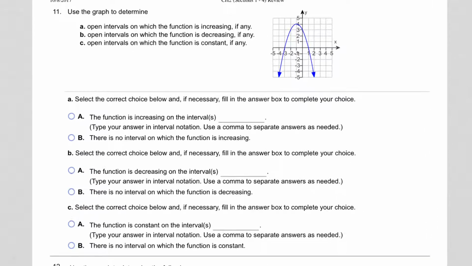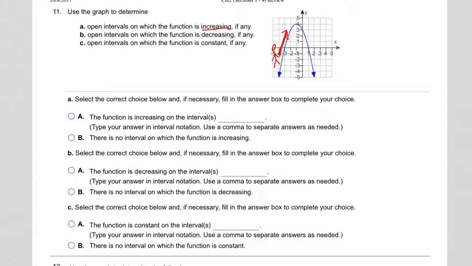All right, so we are here on number 11. Use the graph to determine open intervals on which the function is increasing, decreasing, and constant. So first let's do increasing. So increasing from left to right, remember we're going uphill. So if you think of you go walking uphill here, so this will be increasing.